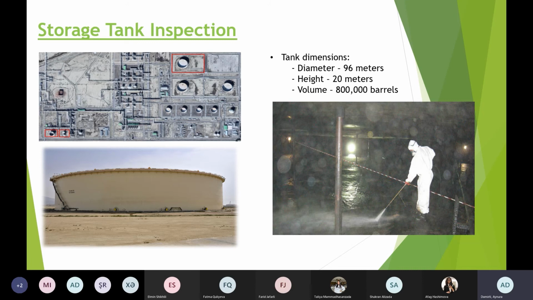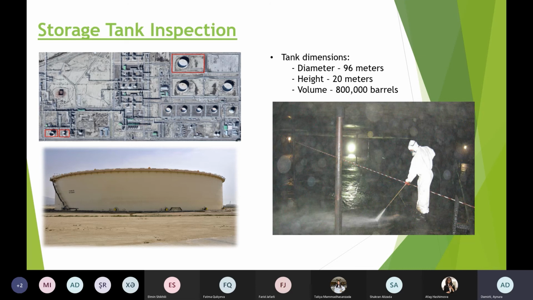As an example, I would like to show the inspection of storage tanks. This is the Sangachal facility, and we have one of the biggest tanks, from a diameter point of view. From a design point of view, this is the largest single deck tank in the world, located in the Sangachal terminal, and there are three.